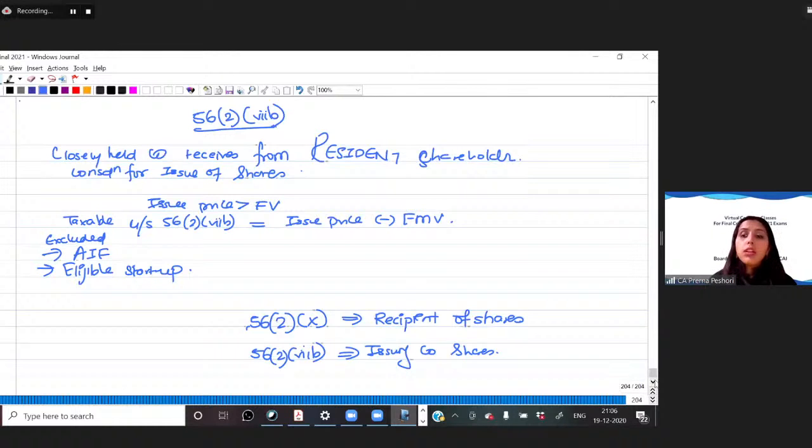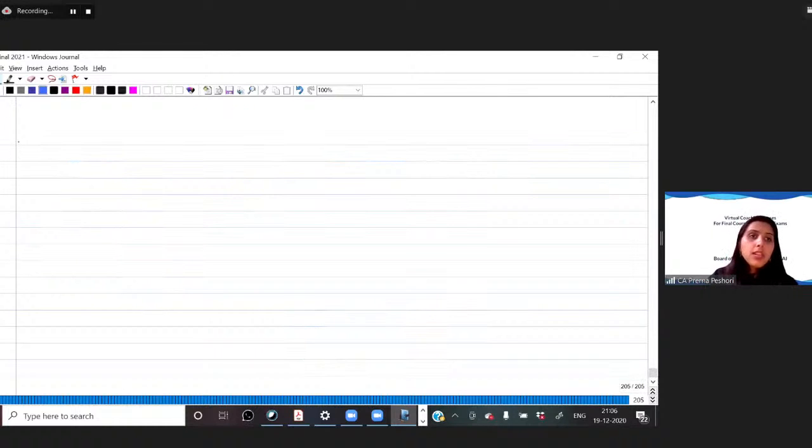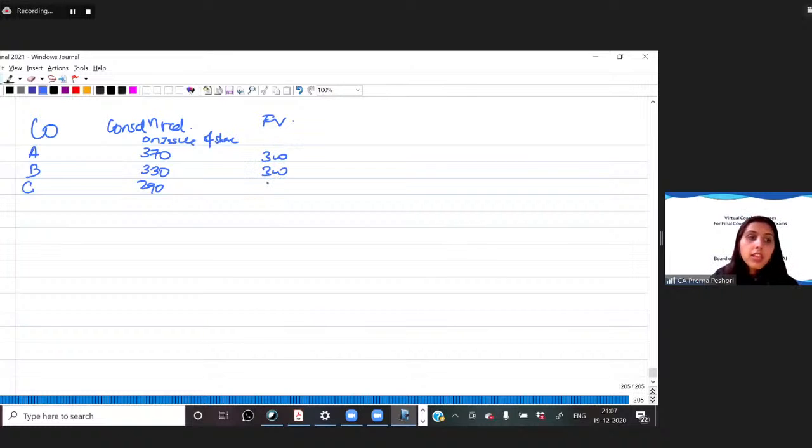So, let me give you an illustration for this. Say, for example, there are companies A, B, and C. Say consideration received on issue of share is, say, rupees 370, 330, and 290. Face value of share is 300, 300, and 300. Say fair market value is 350, 350, and 280.